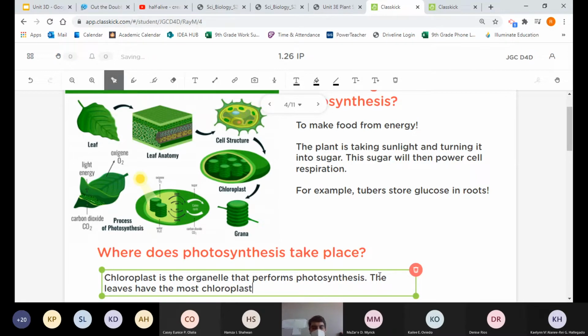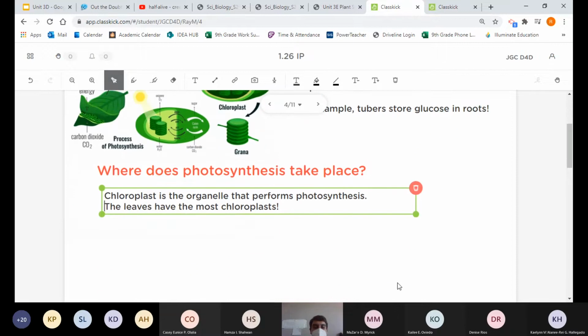Chloroplast. It makes sense, right? The leaves are the things that are going to be pointing towards the sun. The roots are underground, right? They're not going to be getting a whole bunch of sun. So they need the leaves that are facing the sun to create the sugar that the plant will need to grow. So the chloroplast is the organelle. The leaves are going to be the structure.